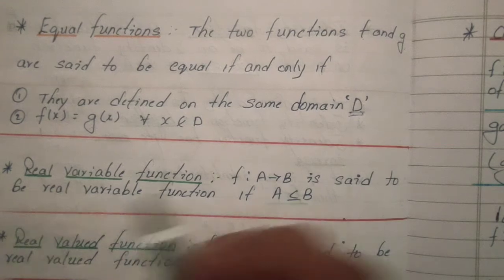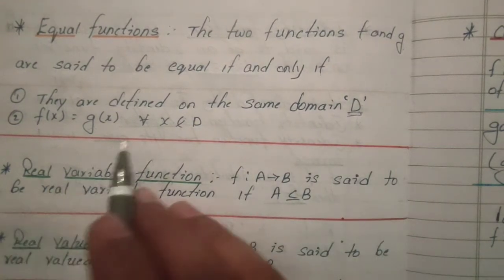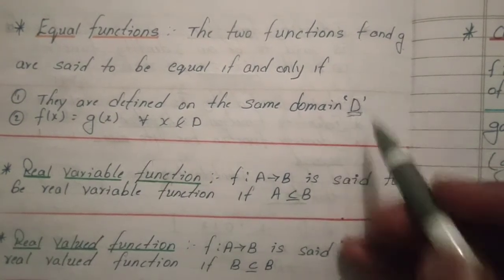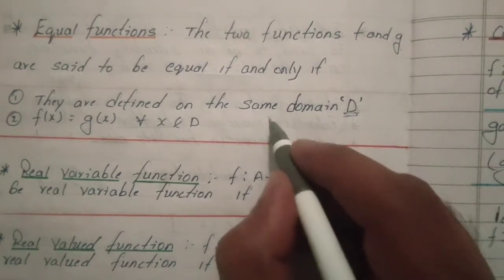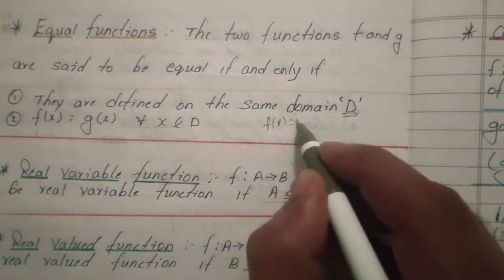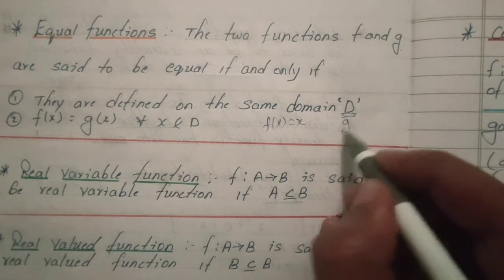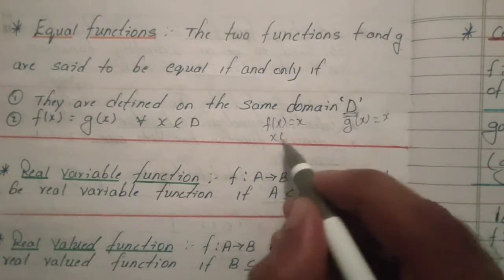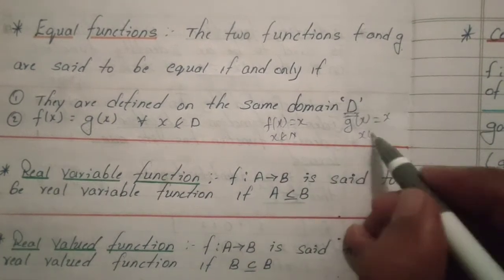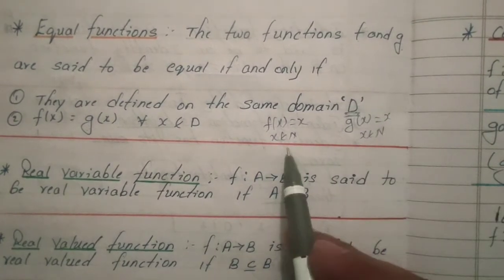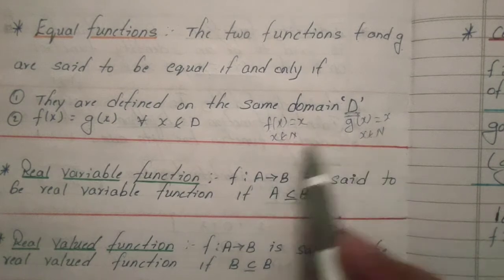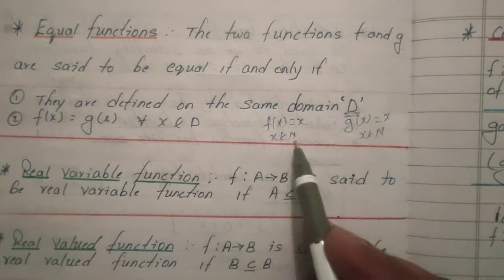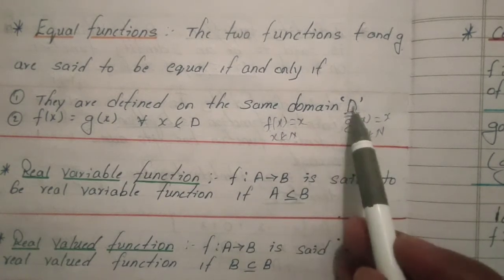Okay. Means suppose for the f function, I am defining f of x equals x, and the g function is also x. Here x is a natural number, and here also x is a natural number. Means both functions' domain is the natural numbers, so the domain is the same.